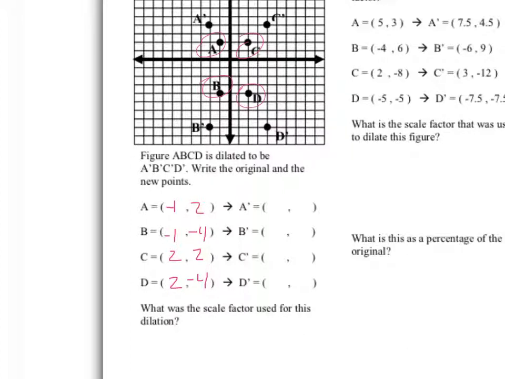Then over here with the primes, I can see these are all of my new points after the dilation occurred. So I want to be going back through and writing down those points as well.